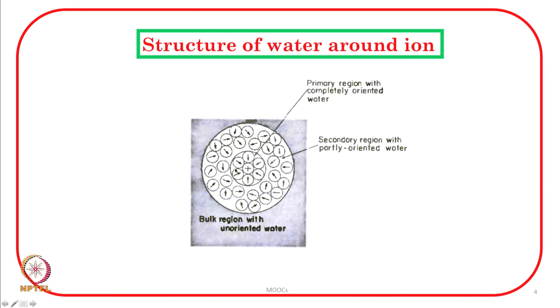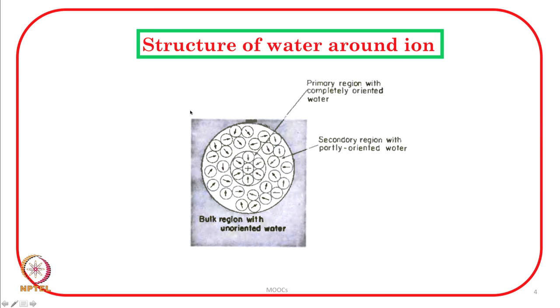The primary hydration shell, you see, is clearly demarked from the rest of the water molecules by a solid boundary. Beyond that, the water molecules which are there will be under the electrostatic field of the central ion.